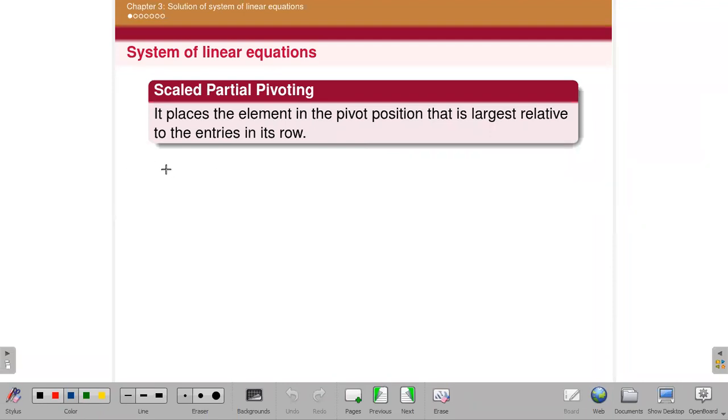Suppose we have the matrix A, containing A11, A12, and B1. Don't look into B1 here, I am just writing the augmented matrix.